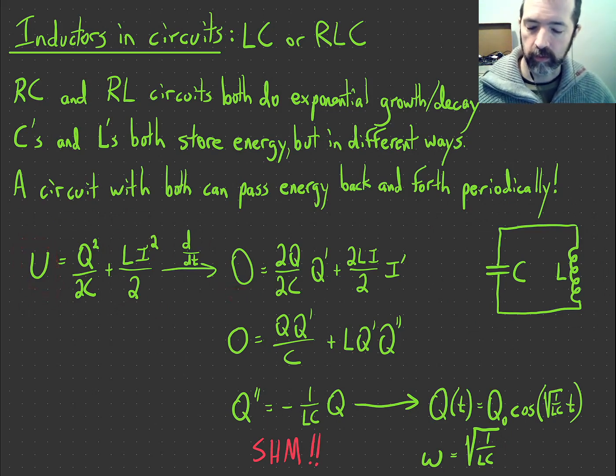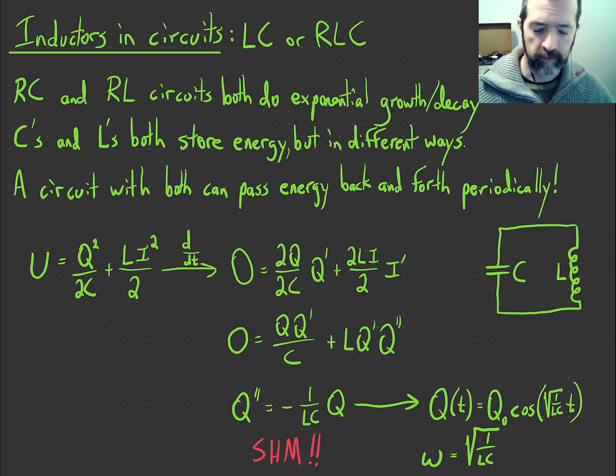If I take the derivative of the capacitor energy, do my little power rule, I'm going to get 2q times q prime over 2C. That's this. When I take the derivative of the inductor term, I'm going to get 2Li i prime over 2, which is this part.